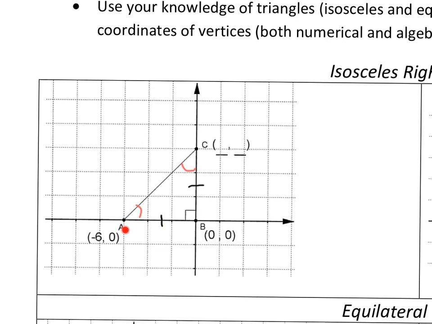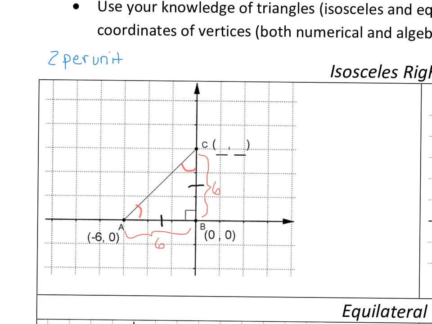And I know that this vertex A is located at -6, 0, and I need to find the location of vertex C. So hopefully you can see that if A is located at -6 in the x dimension, well, the length of this side is 6, and it being an isosceles right triangle, the length here is going to be 6. So if I take a look at these numbers here, I've got 3 units being divided by 6, so hopefully you can see that our scale is 2 per unit.